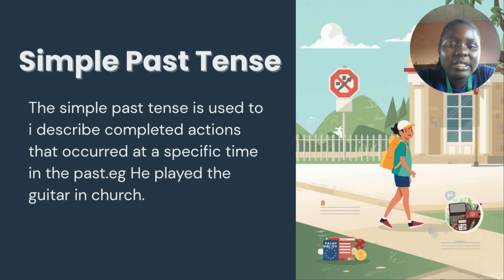Example, he played the guitar in church. He played, not is playing or he will play. He had already played it. Whether he played it well or not, the deed has been done.